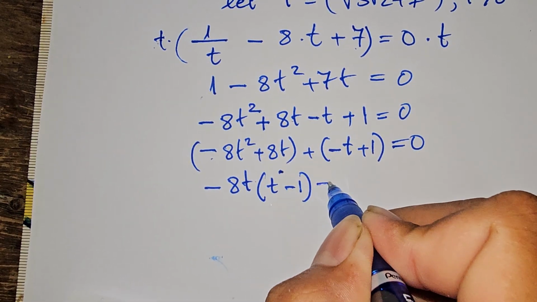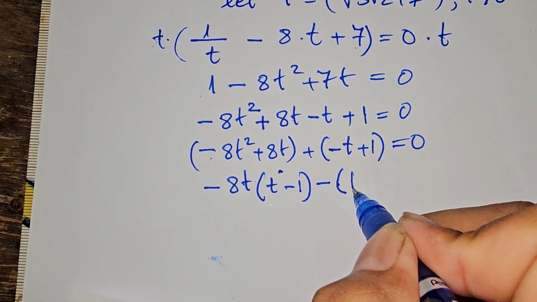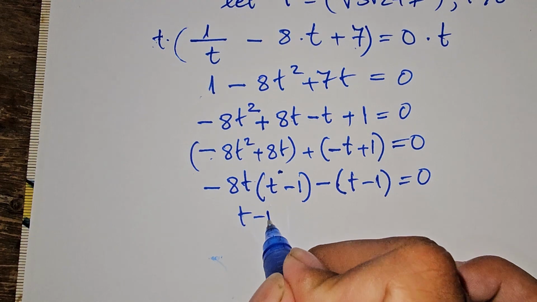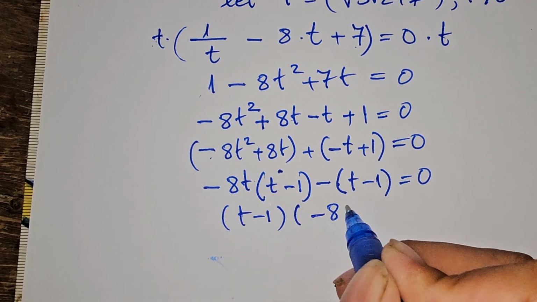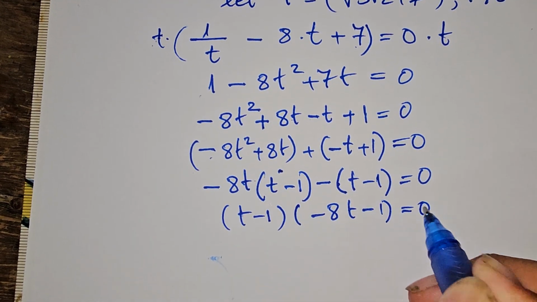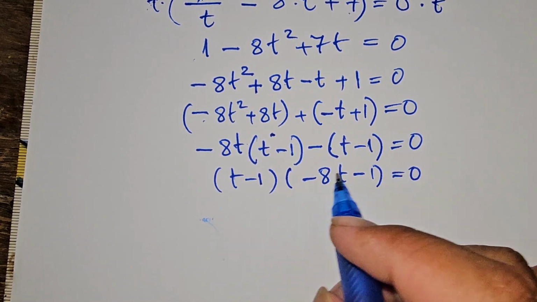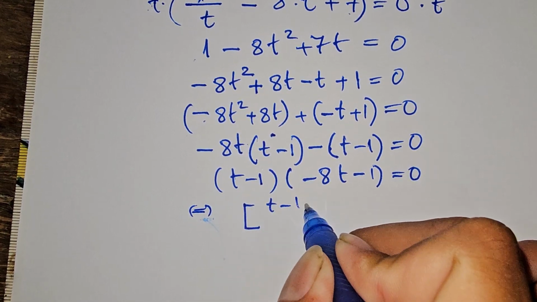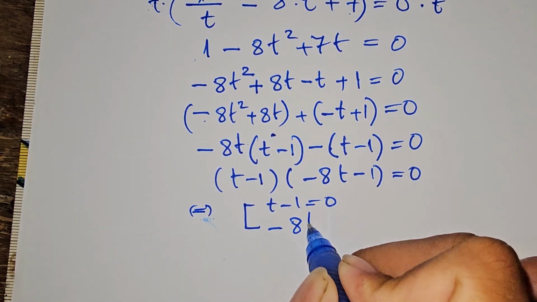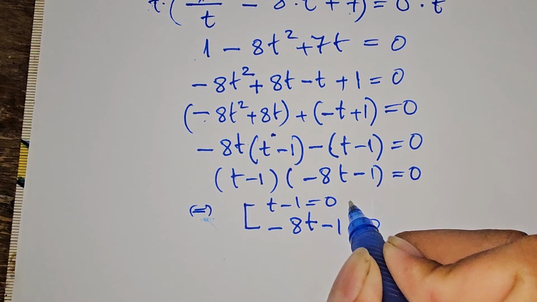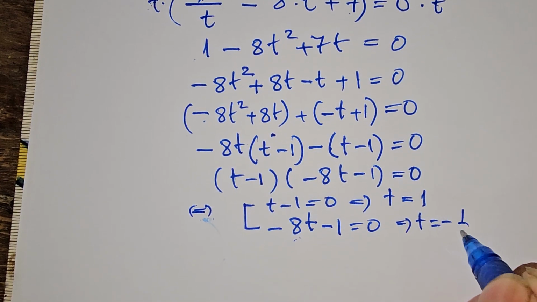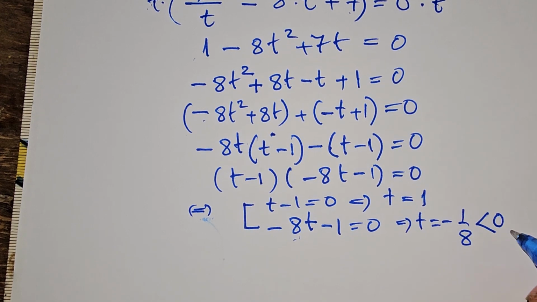And here we take negative 1, we get negative of (t minus 1) equals 0. You see the same: (t minus 1) times (negative 8t minus 1) equals 0. So these two factors equal 0. We get t minus 1 equals 0 and negative 8t minus 1 equals 0, and we get t equals 1, and t equals negative 1 divided by 8. It is negative, so we don't take it.